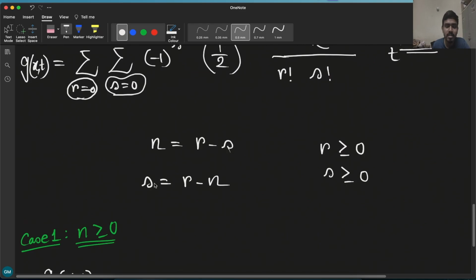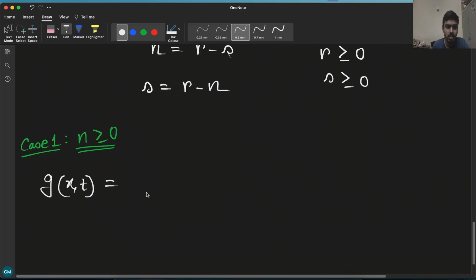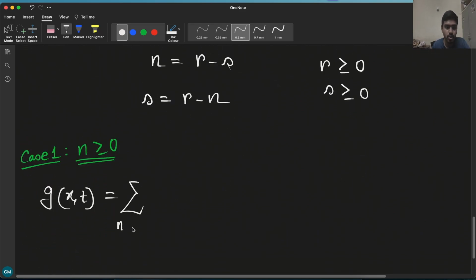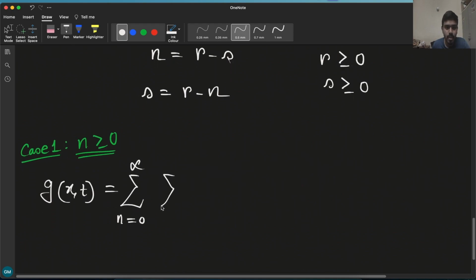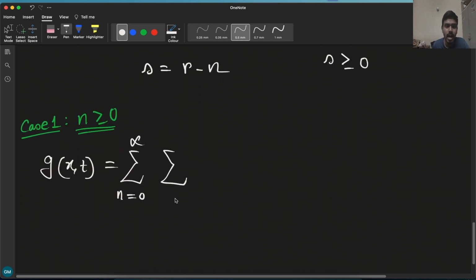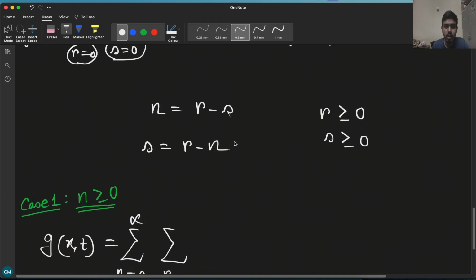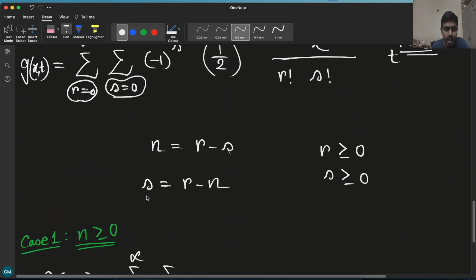And I will replace this s with n and r. So our summation will be the sum over n, going from 0 to infinity, because I am considering only the cases where n is greater than or equal to 0. And then the r summation, if you notice carefully, s should be greater than or equal to 0.